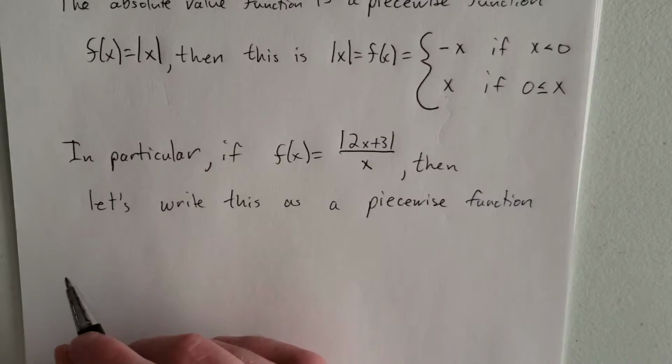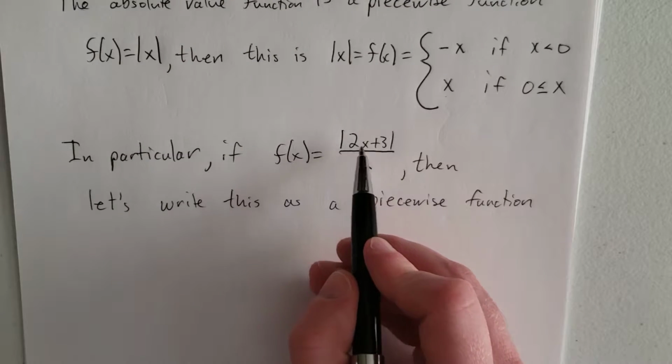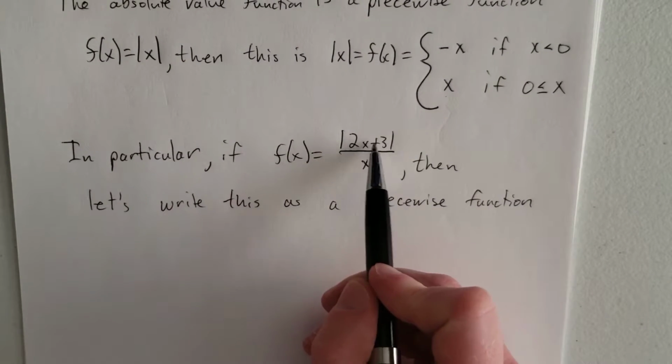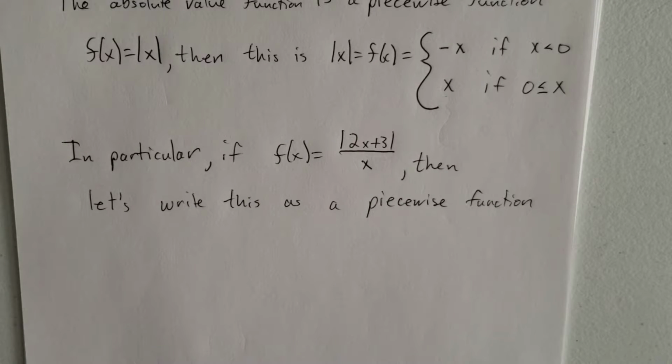How do we do that? Well, anything inside the absolute value bars, we want that to be negative of that if that value is less than 0, and you want it to be the positive of that if it is equal or greater than 0.